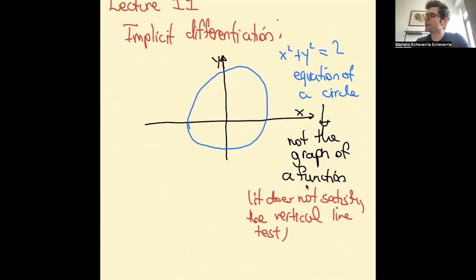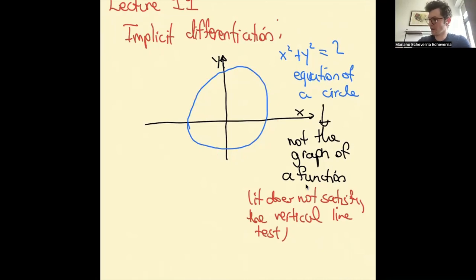But still, if you look at this circle as a curve on the xy plane, it does seem like it should have tangent lines, right? For example, if I pick a point here, this looks like the tangent line to the circle. So it does make sense to still try to find the tangent lines to the circle, even though it's not a function.